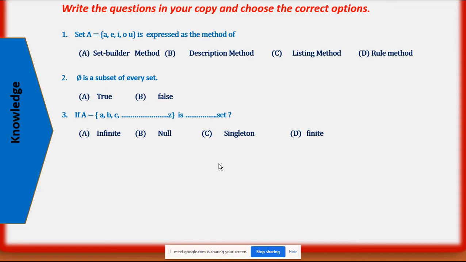Now moving to the next question. How many proper subsets can be formed from the set P?